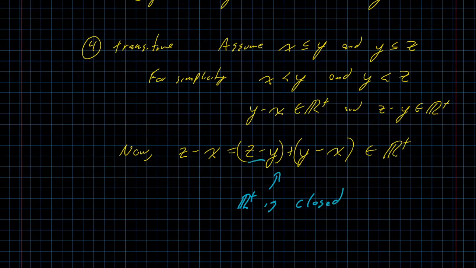This is a positive number, that's a positive number, we're adding them together. One of the parts of the definition of the positive numbers is that it's closed under addition. And so that's enough to give us that x is less than z.